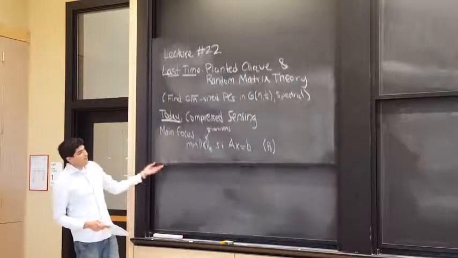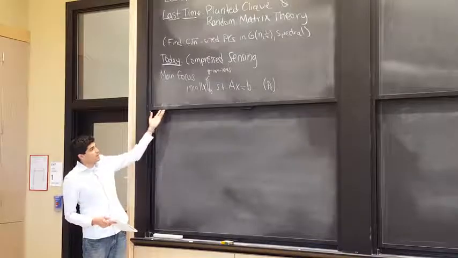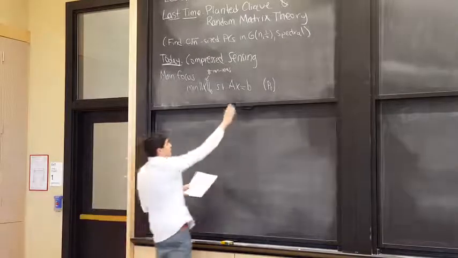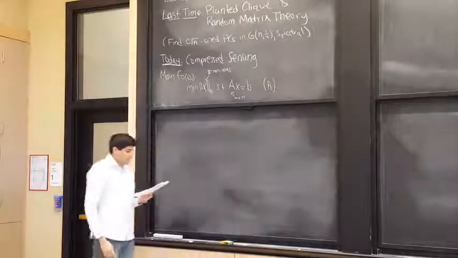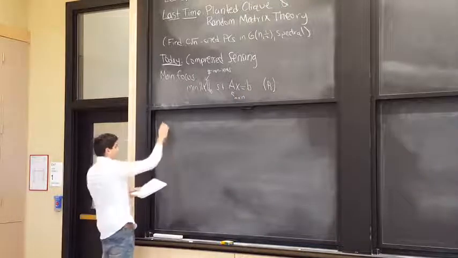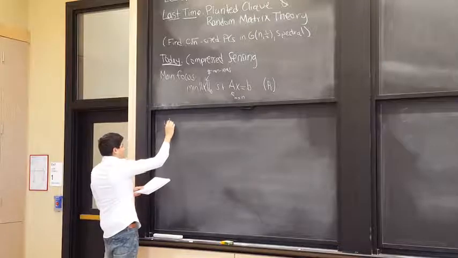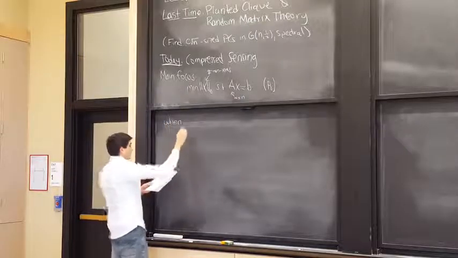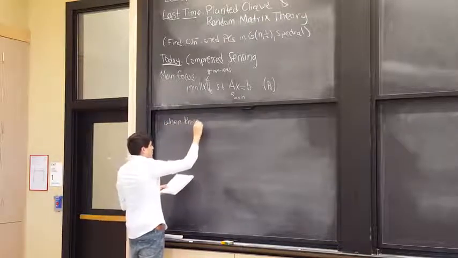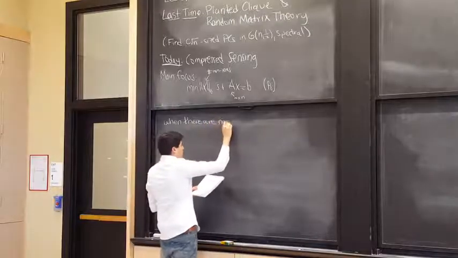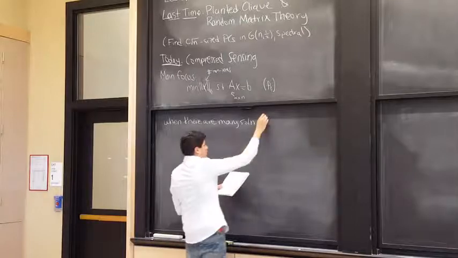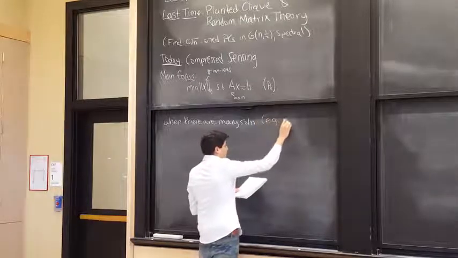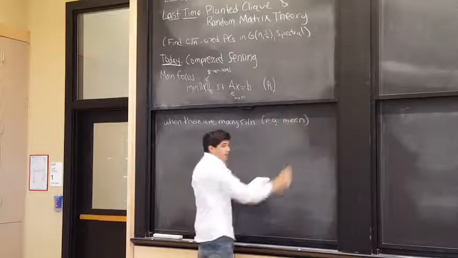So just to elaborate on this a little bit, I'm going to call A an m by n matrix throughout today. Now the idea behind this approach is that in many cases, there are actually many solutions to the linear system. For example, this would happen when m is much smaller than n.